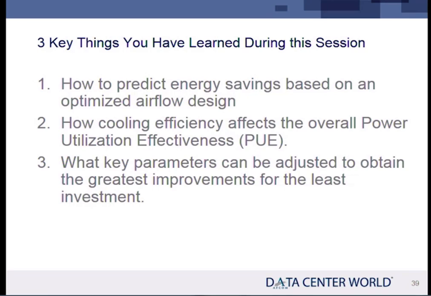So three things you learned: how to predict energy savings based on optimized airflow, how cooling efficiency affects overall PUE. It's kind of the elephant in the room. And what parameters do I look for and can I think about? One of them is, as I mentioned to you, what's the efficiency of your current system? Fairly easy to figure out. You know your IT load. Go look at how much the cooling system is pulling.